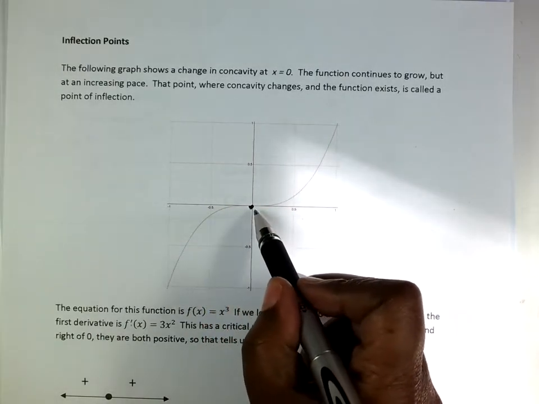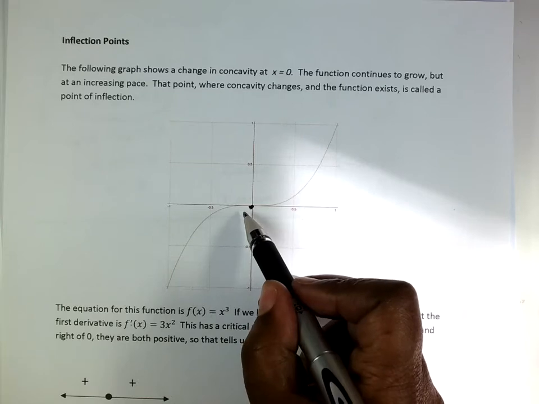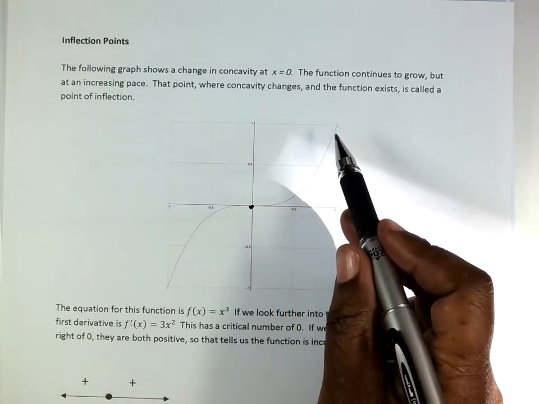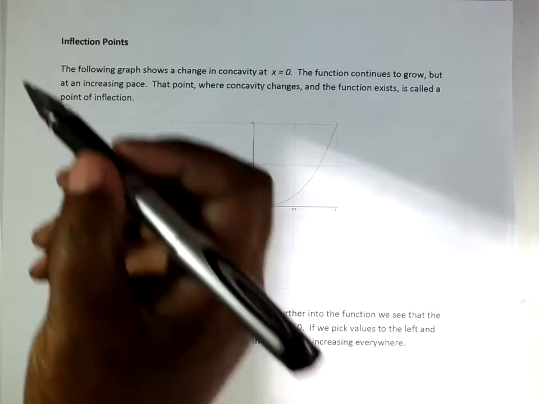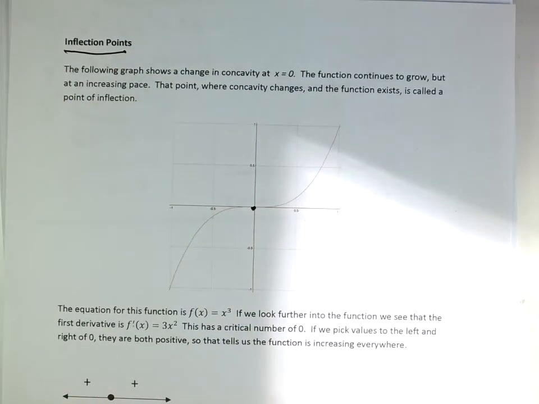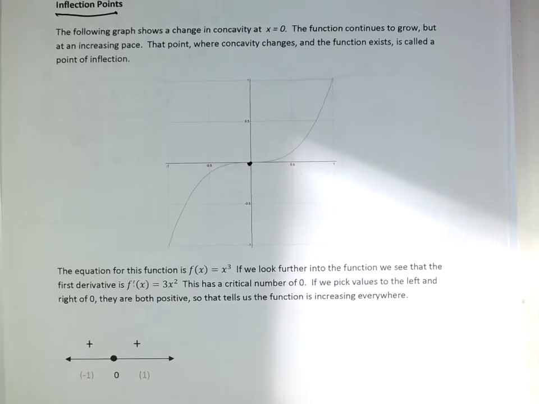Up until it hits 0, this is concave down, and then after it hits 0, it becomes concave up. So we have a name for that, and it's called an inflection point. So an inflection point is where I change concavity from down to up or up to down. That is my point of inflection.